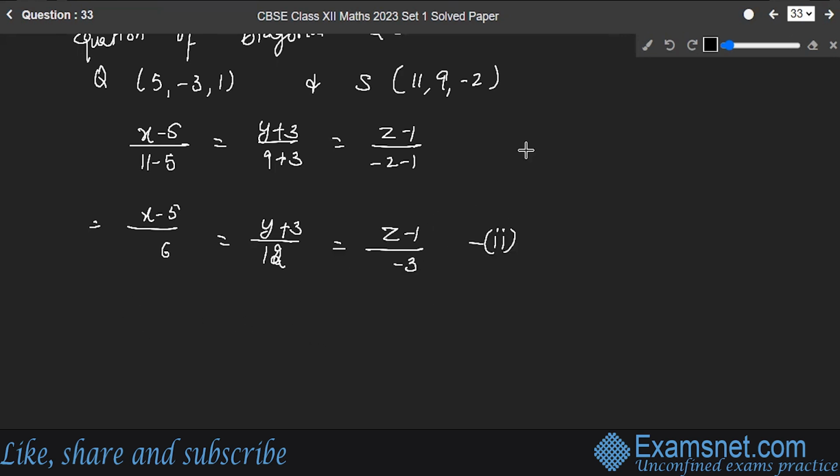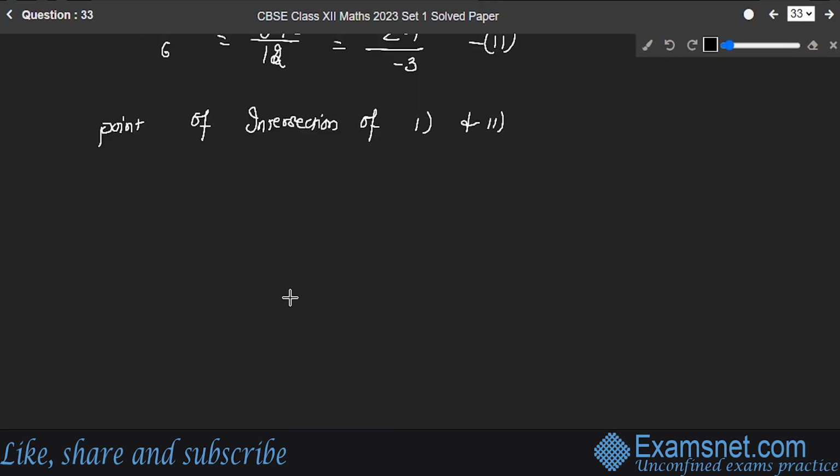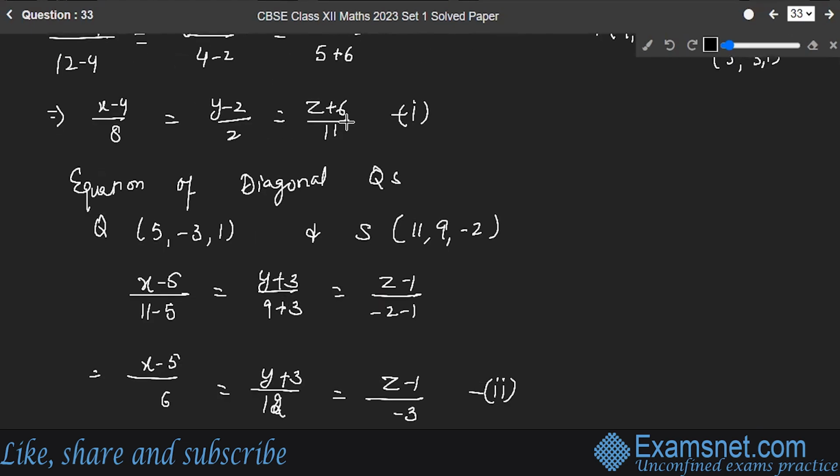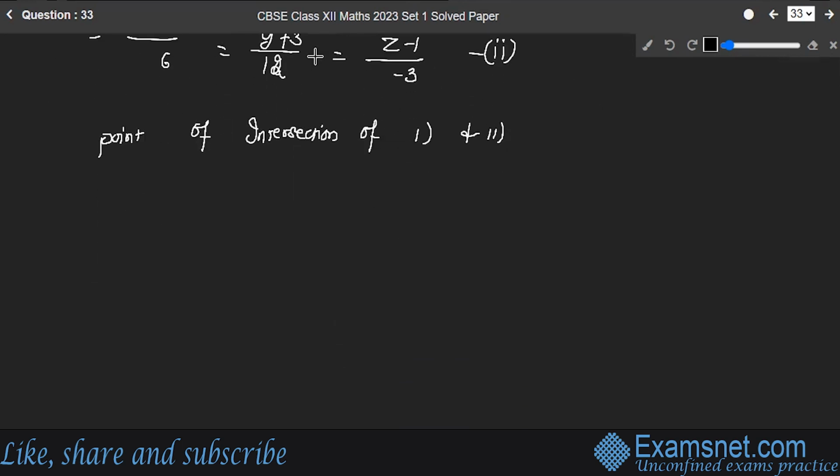Now you have to find the point of intersection of 1 and 2. If I put this equal to lambda, I'll solve it here only.